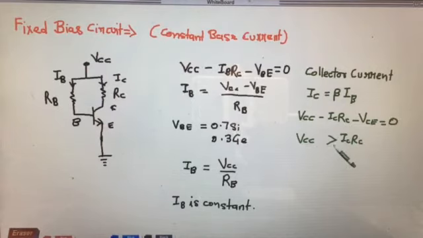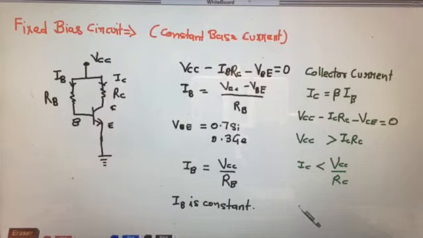So that's why VCC is greater than IC RC, then IC will be less than VCC upon RC. So our transistor will be in active region.